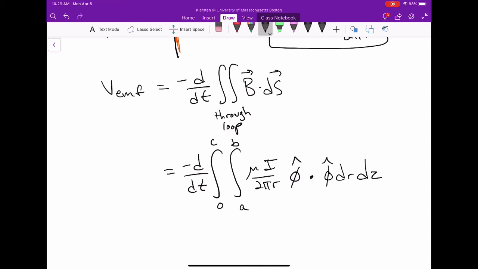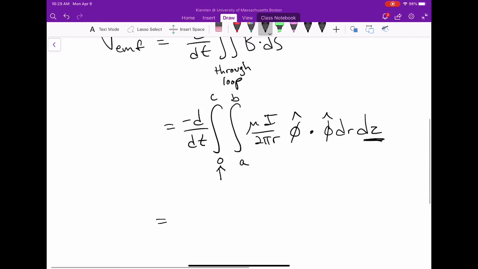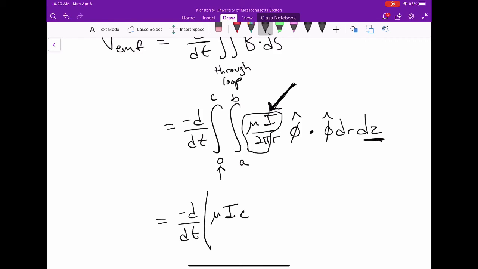Evaluating it, nothing here depends on z, so we can evaluate this part of it right away. What we end up with is minus the time derivative, because we haven't put in any expression for this current, which is going to be where our time variation comes in. And all of this stuff except for the r can come out to the front. So mu I c over 2 pi. The remaining part of the integral is the integral from a to b of 1 over r dr, because phi hat dot phi hat just works out to 1.